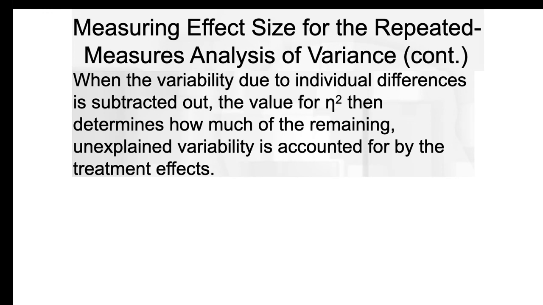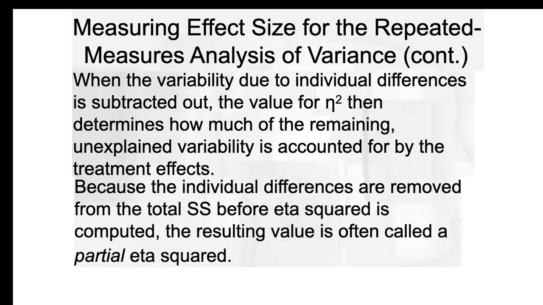How are we going to measure effect size for the repeated measures analysis of variance? When the variability due to individual differences is subtracted out, the value for eta squared then determines how much of the remaining unexplained variability is accounted for by the treatment effects.